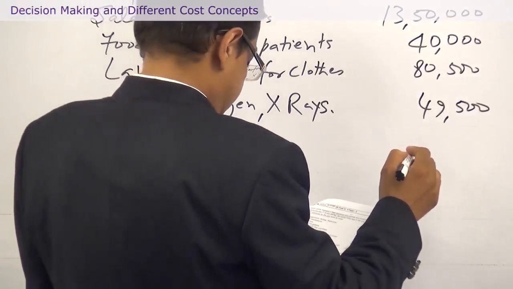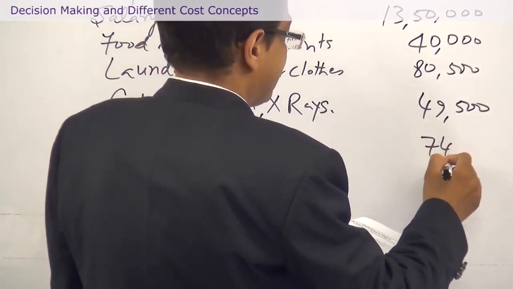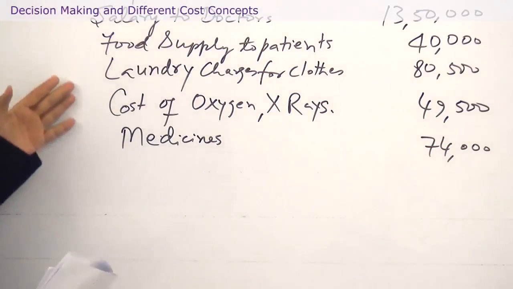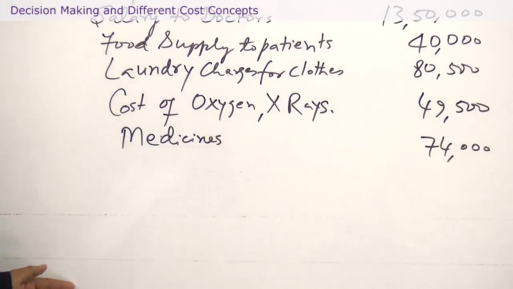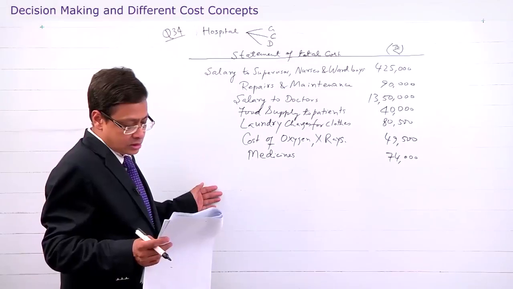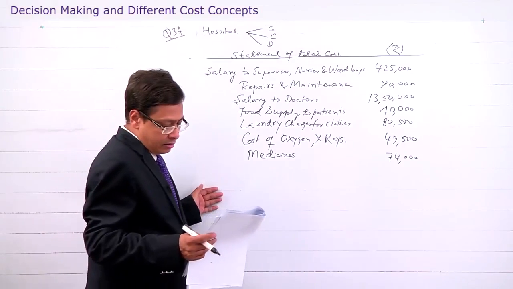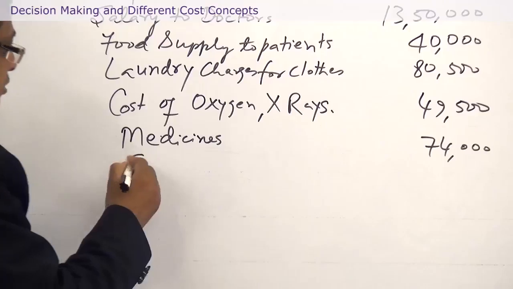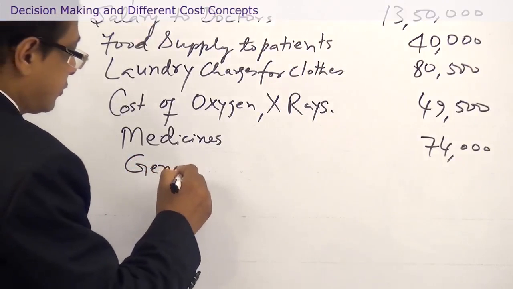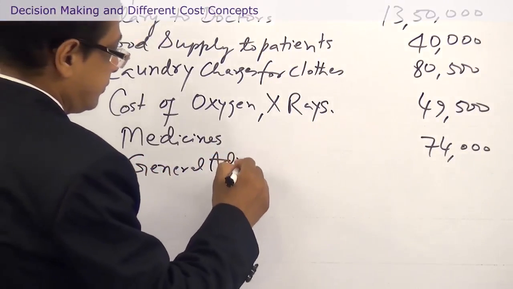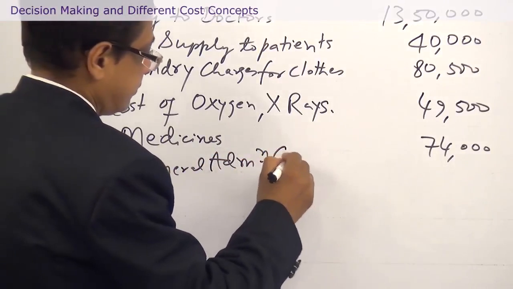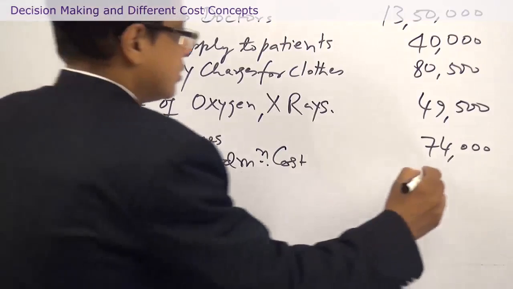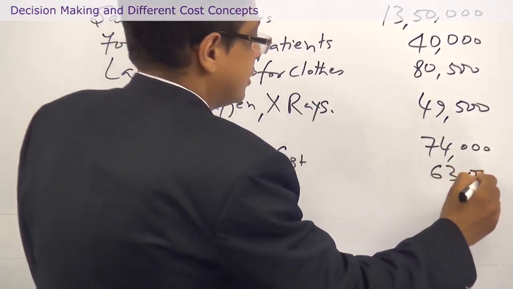This is 74,000, right? So these are the costs which are being incurred in the hospital. You have general administration cost at 63,000.